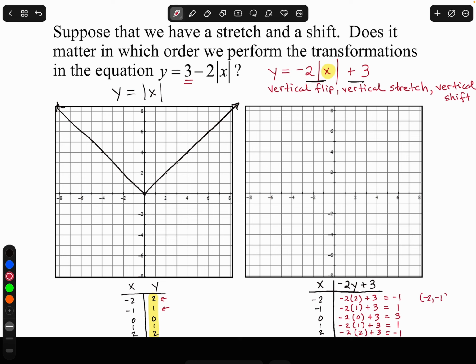So let's plot those points. We've got a point at (-2, -1), (-1, 1), (0, 3), (1, 1), and (2, -1). And that should help us to see our shape. You can see the slopes of the sides, so we could continue to go down 2 and over 1, down 2 and over 1 to extend them.